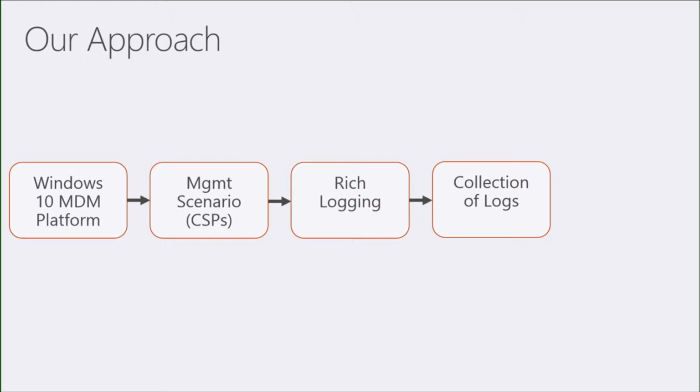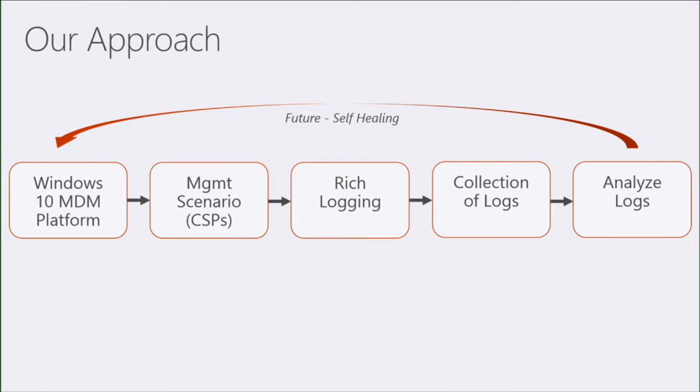Each of those 3 cases presents a couple of unique challenges, which we're definitely looking at as we think about this whole process. And last but not least, what do you do when you actually get the logs? The analysis of these logs is definitely another place that we're making investments. And with all of this, as I mentioned when I talked about the platform, long term, we want to get to the point where the device just heals itself.